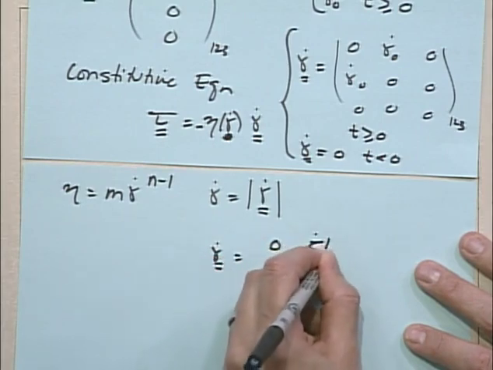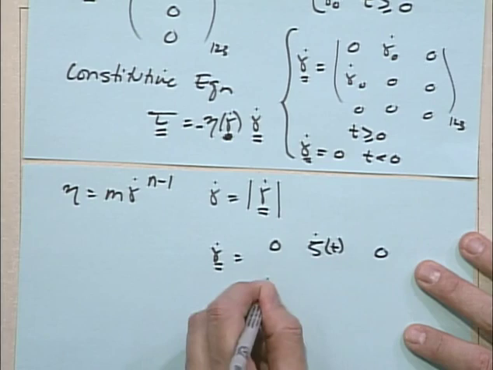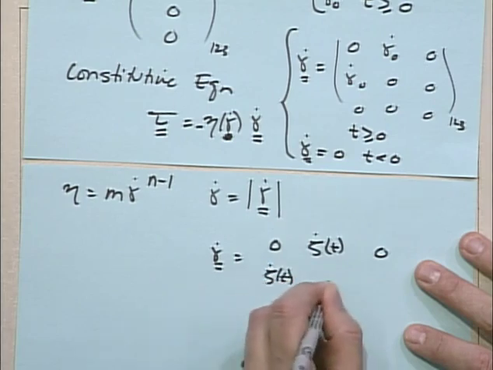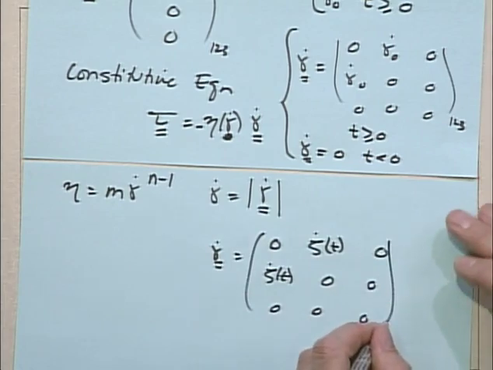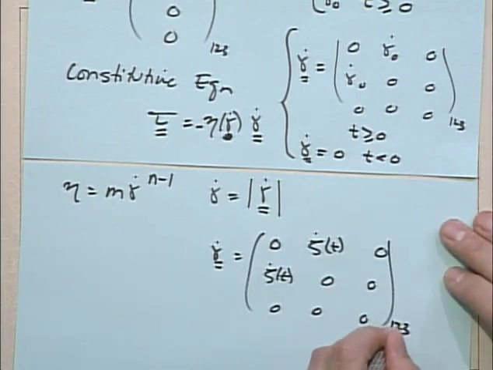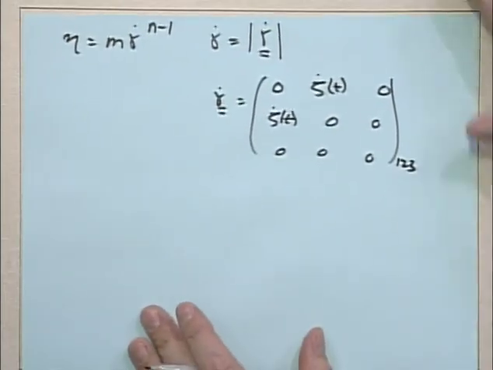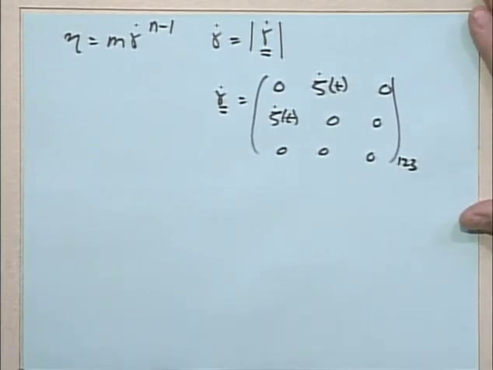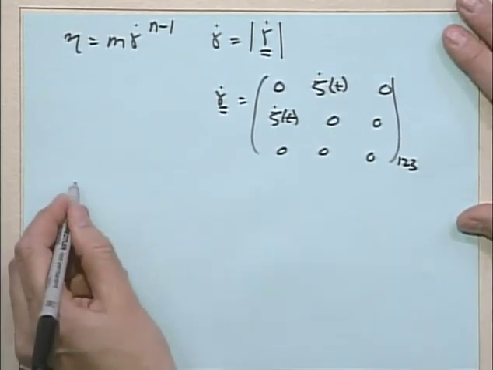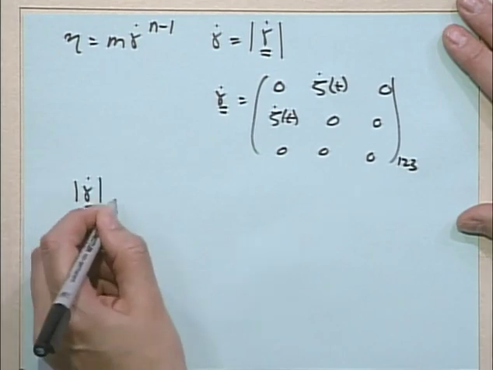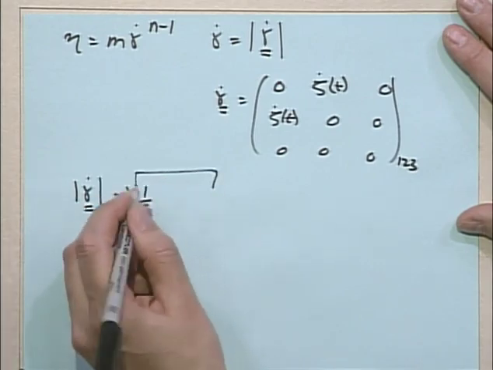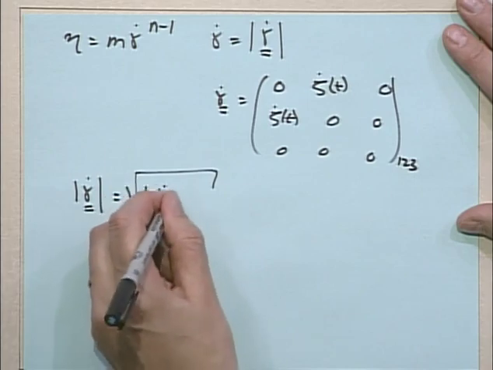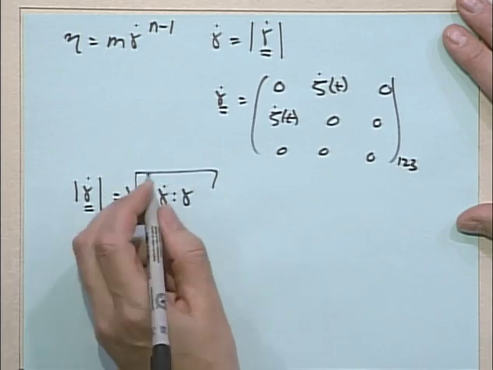That's what I should have done the first time. So that encompasses both time less than 0 and time greater than 0. To calculate the magnitude of gamma dot, we have to calculate the square root of 1/2 gamma dot double dotted with gamma dot.